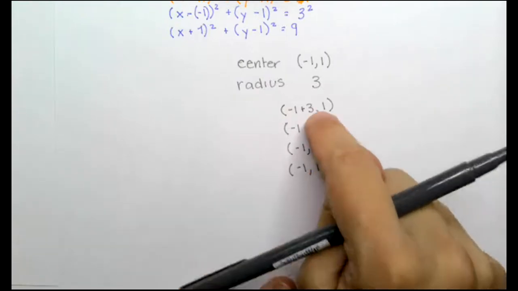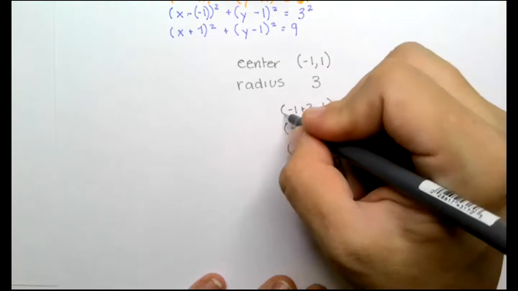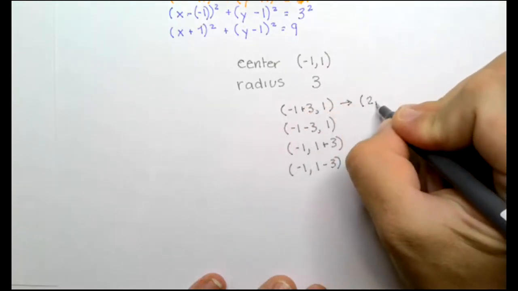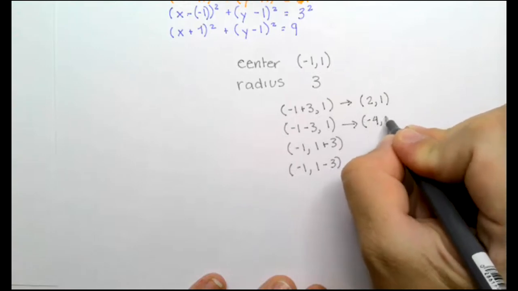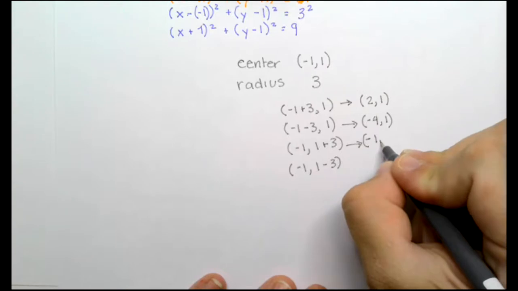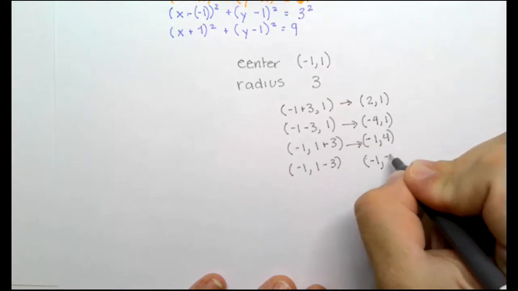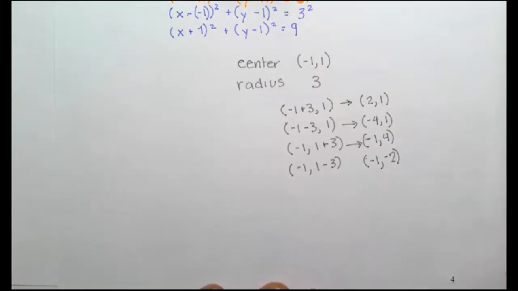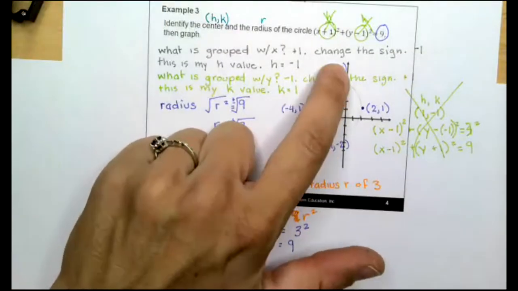And that will give me each of the points of my circle. So -1 plus 3 becomes 2, 1. This becomes -4, 1. This becomes -1, 4. And this becomes -1, -2. And those are the points when I counted out 3 in every direction.